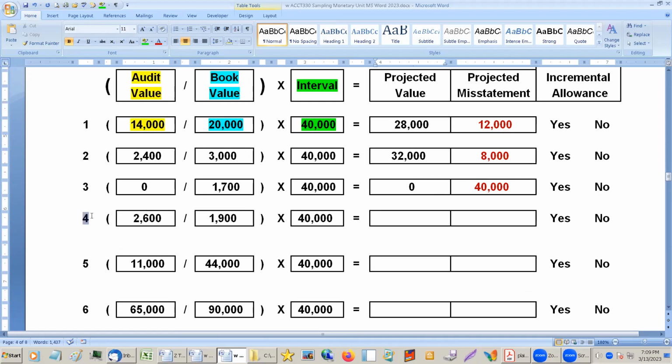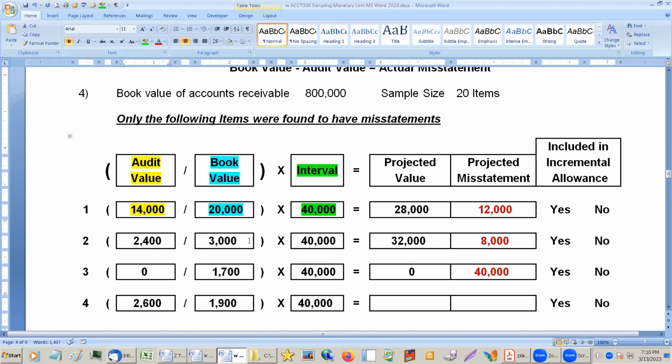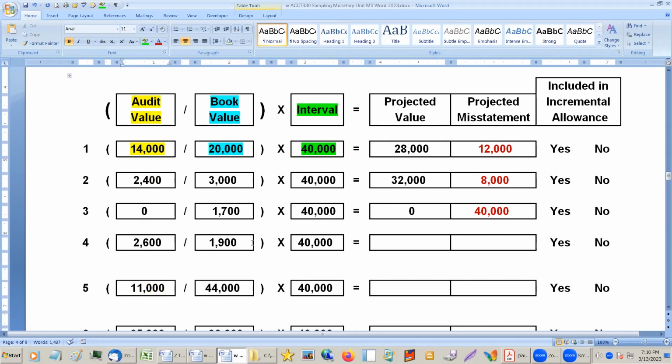What's strange about number 4? The book value is lower than the audit value. Yep, this is an understatement.